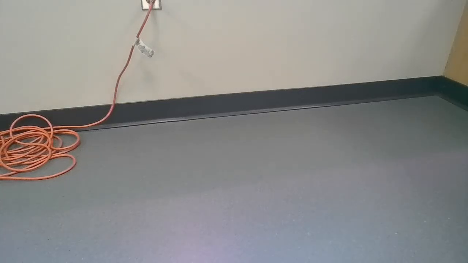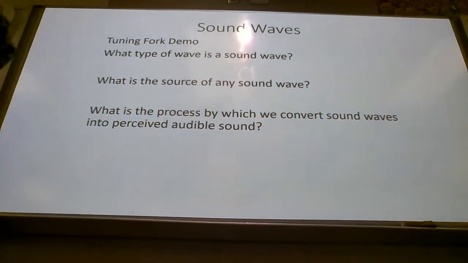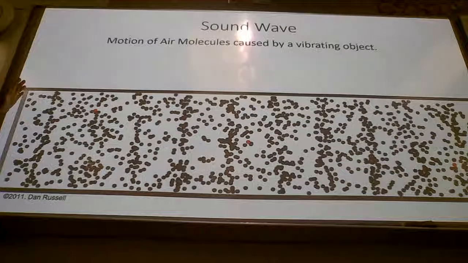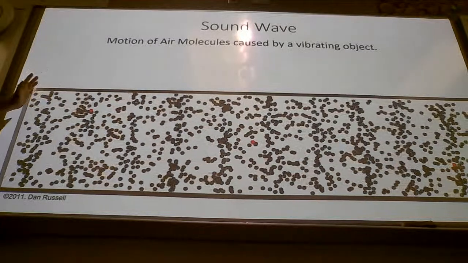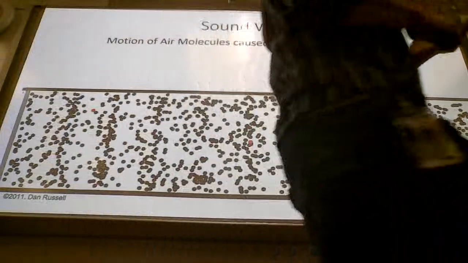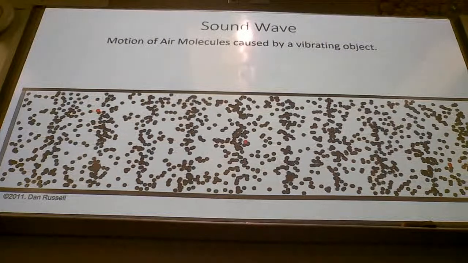All right, so what's going on is the tuning fork's vibrating. Do sound waves require a medium?